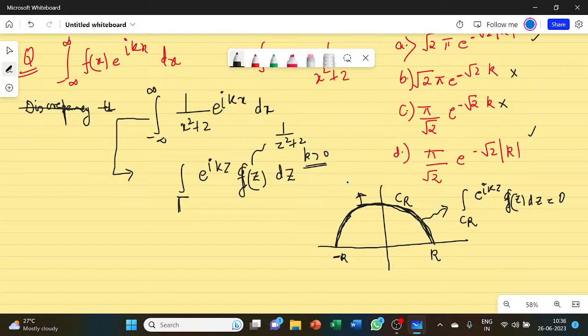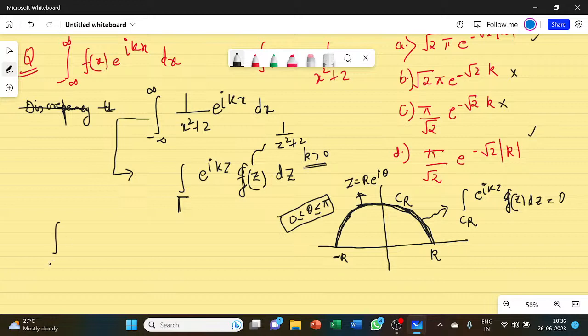Any complex number on the C R would be z equals r e to the power iota theta, where theta varies from 0 to pi. So if theta varies from 0 to pi, this will constitute your upper half of the semicircle.